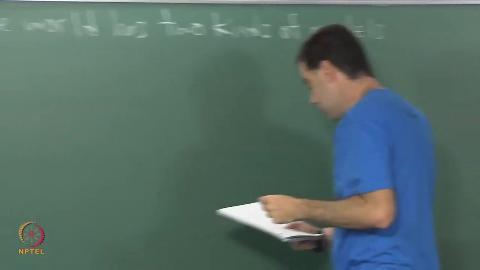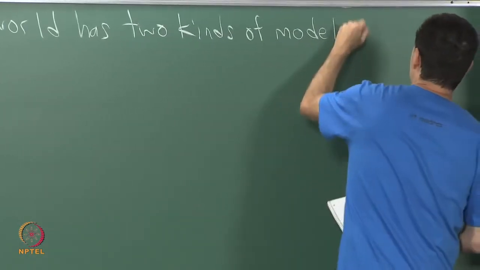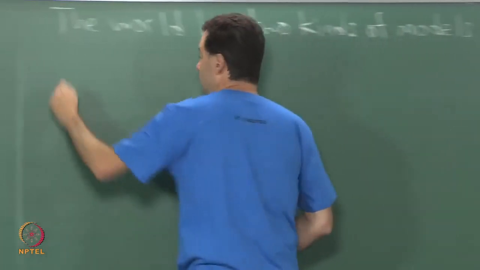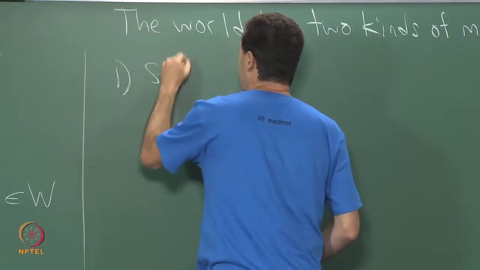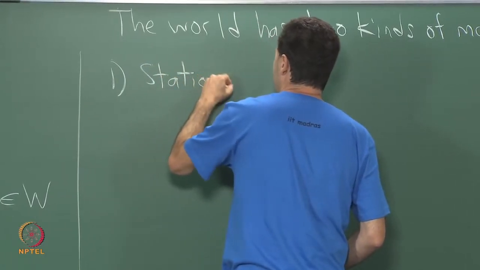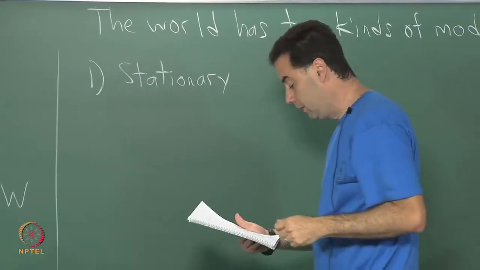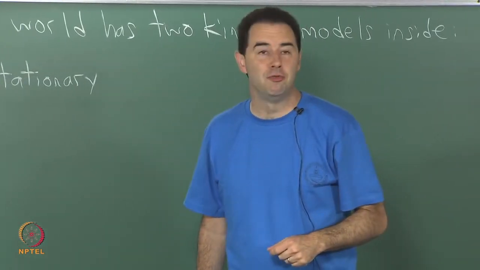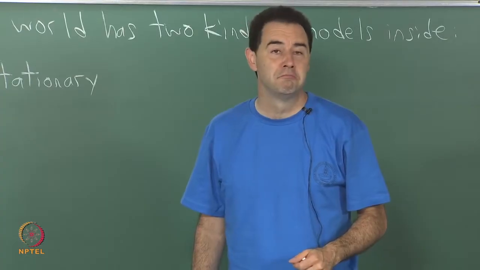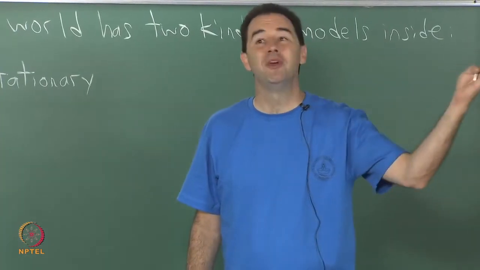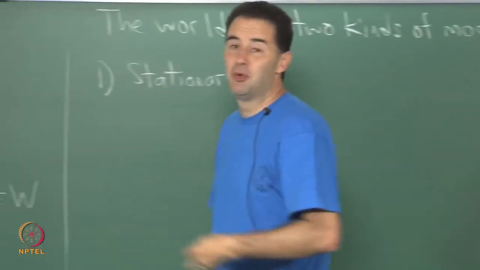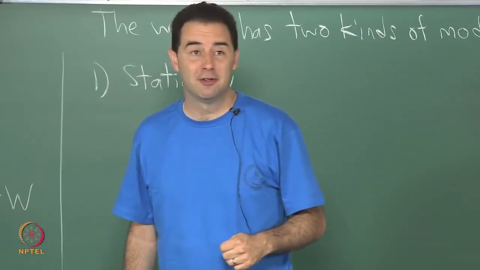The first main distinction is stationary models. As the name implies, they never move. This can correspond to buildings, walls, trees, assuming the trees aren't swaying in the wind. Think about things that, when you put them into the world, remain fixed all of the time.